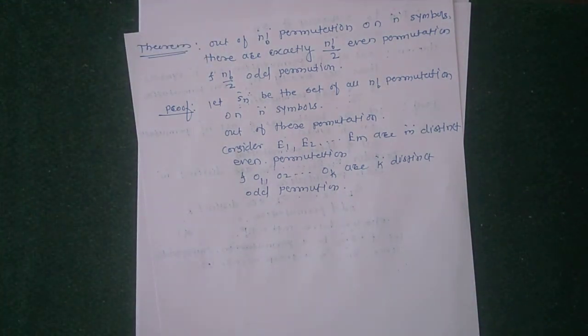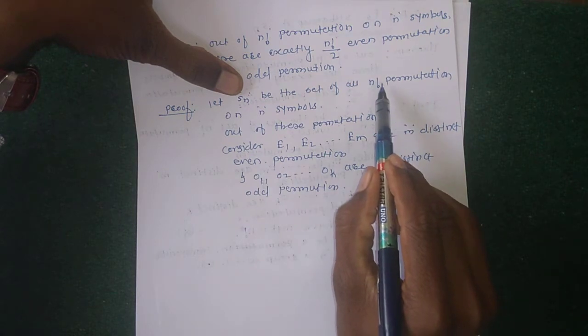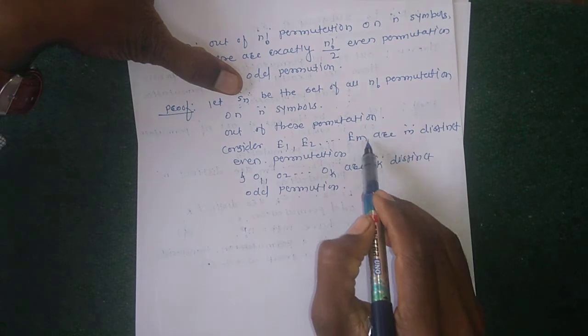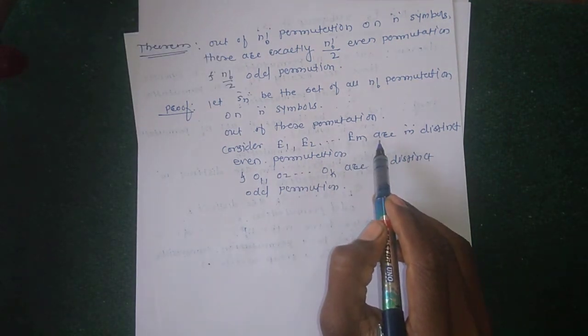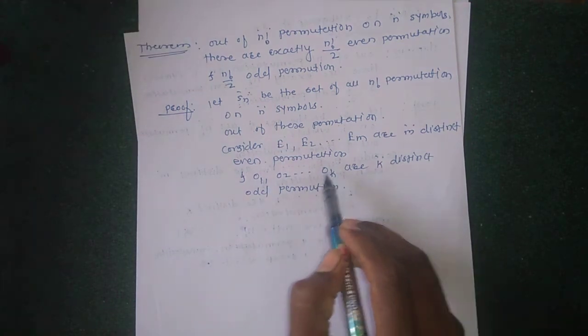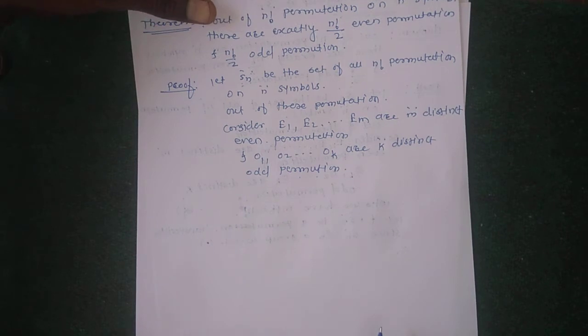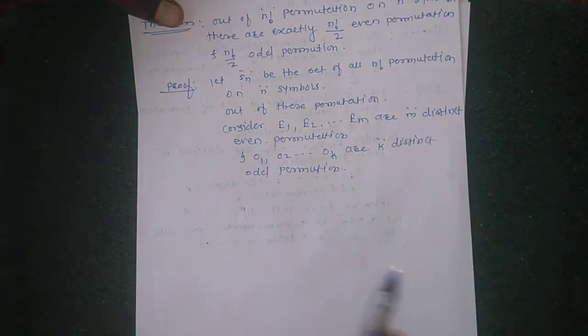Here we suppose that Sn has n factorial permutations, and out of these, m are even permutations and k are distinct odd permutations, and m plus k equals n factorial in total.